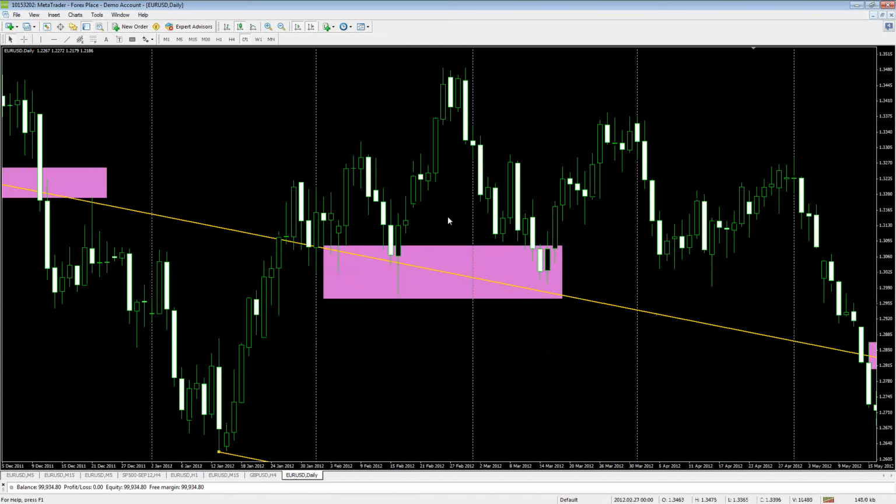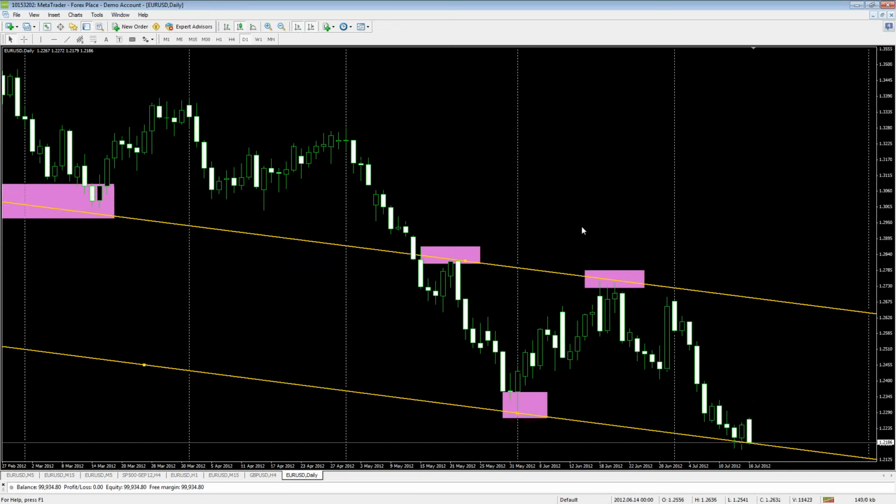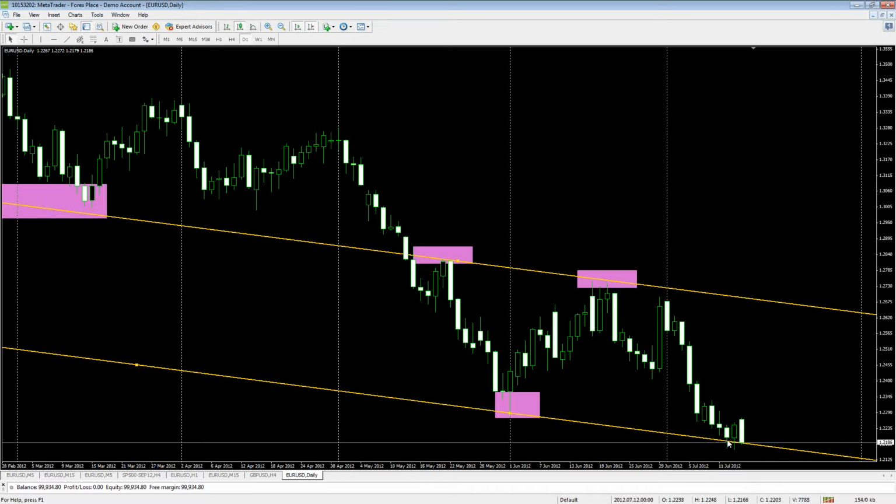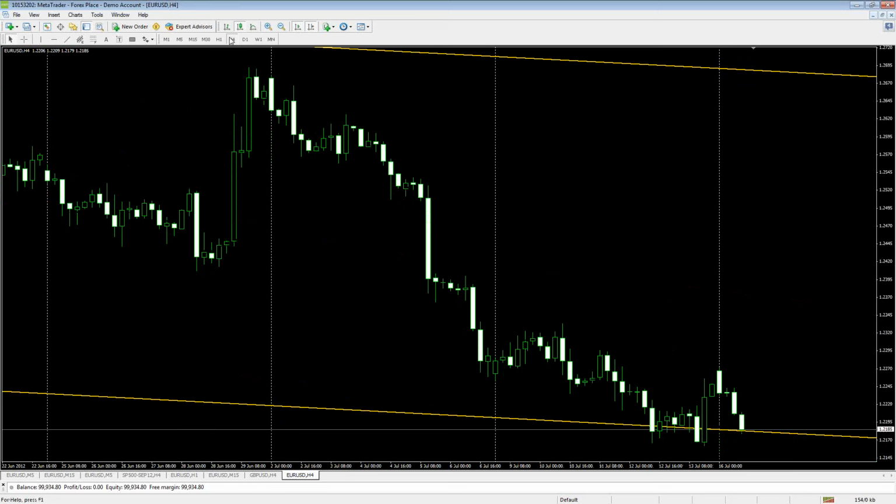And of course, the most interesting part is where we are at now, which is here around 121.80 to 60, more or less. This whole area here. So you can see that on Friday, okay, last Thursday and Friday, these two candles reacted pretty well to the descending channel, and if we take a look at the 4-hour chart, we can see that it tried to penetrate it several times on the 4-hour candles.